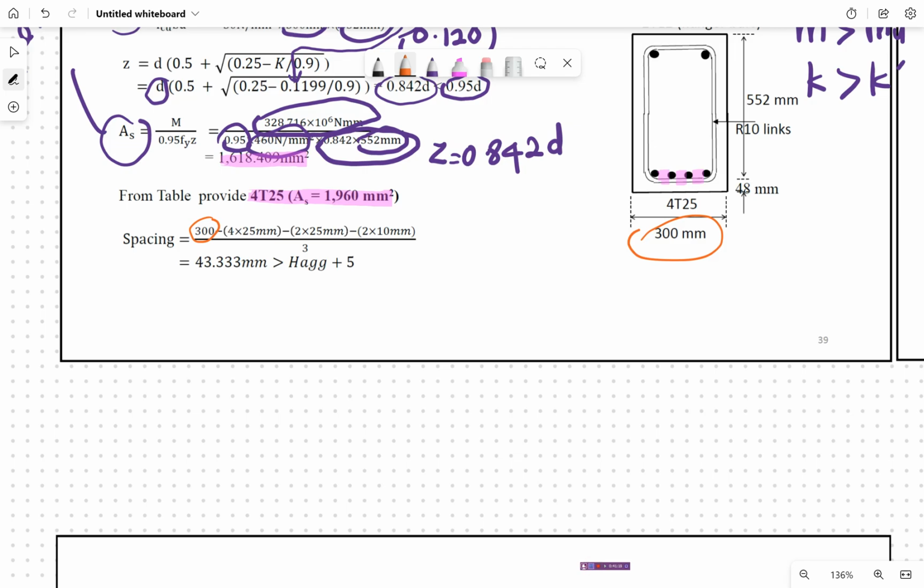Right, so kita tolak bar ni, this bar, main bar. 4 numbers tadi, remember? So 4 numbers of 25 sebab kita dah select bar. And then kita ada link. Okay, link 2, kanan dan kiri. Therefore ada 2. Sorry, not referring to this one. Link 2. And 10 mm means the diameter of link.